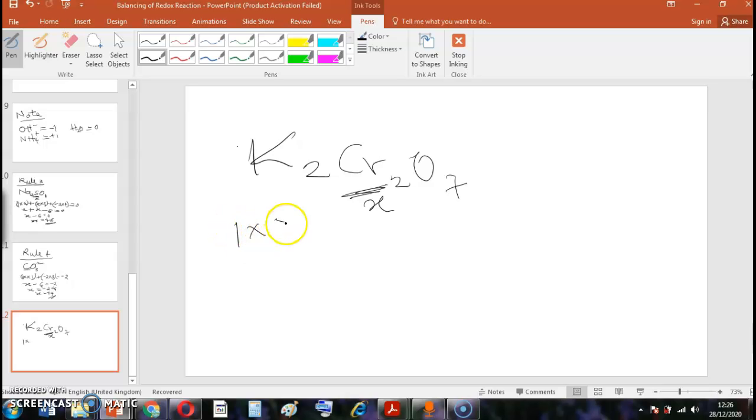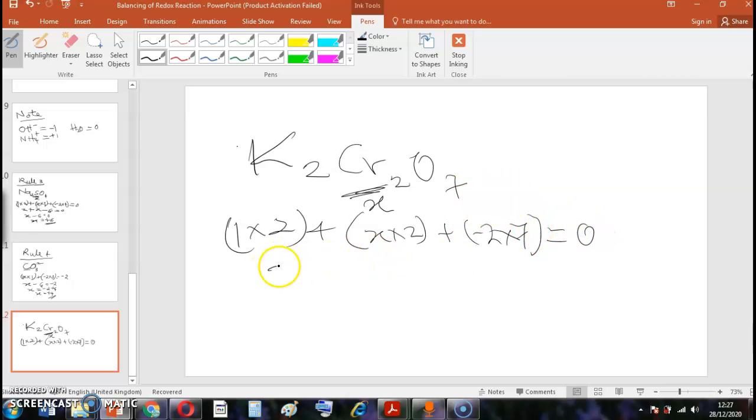So we have 1 times 2 for potassium, plus X times 2 for chromium, plus -2 for oxygen times 7. Now, because it's a neutral compound with no charge on top, we shall equate it to 0. So we have 2 plus 2X minus 14 equals 0. If we work this out, you get X to be equal to +6. So the oxidation number for chromium is +6 over here.